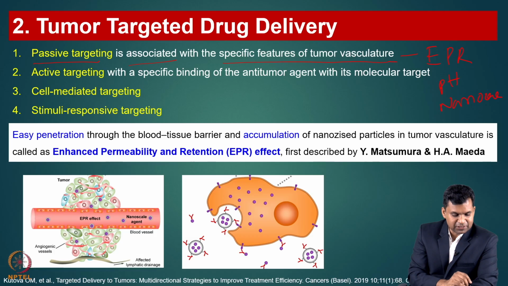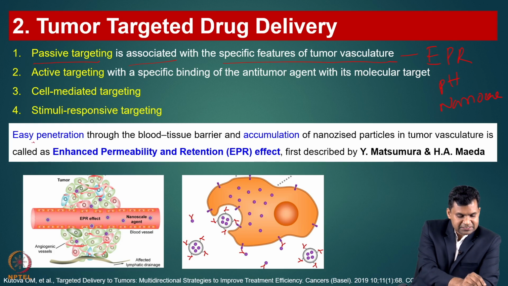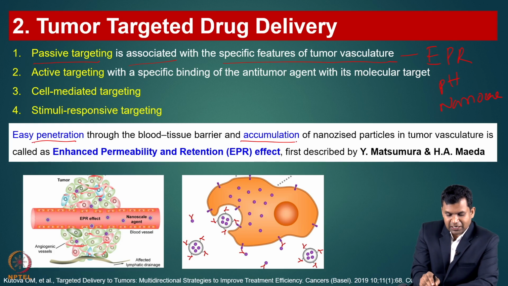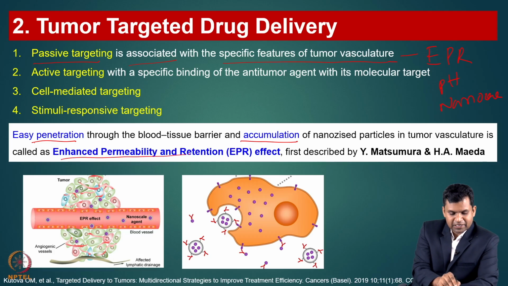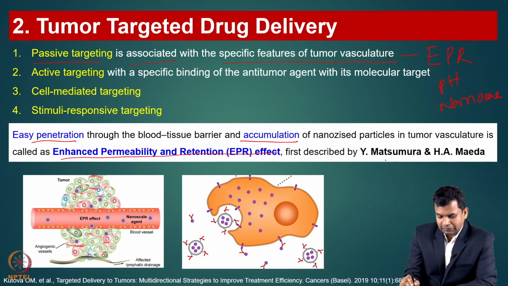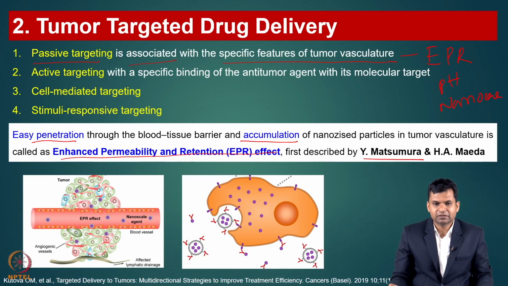Here in the example we can see the structure of the cancer cells which is damaged. Here easy penetration and accumulation of formulation is possible in the tumor cells, which is called the enhanced permeability and retention effect, which was described by Matsumura and Maeda.